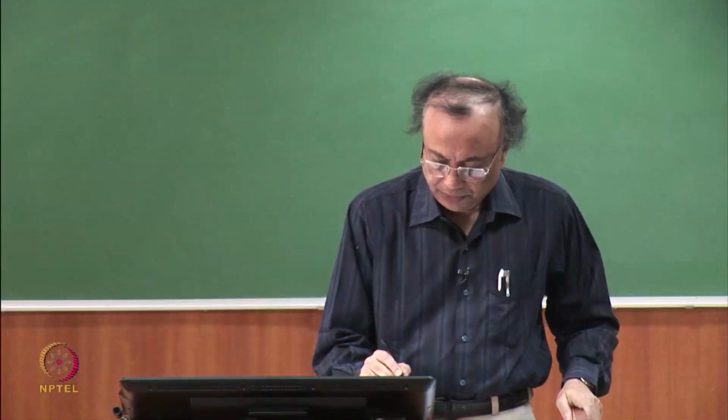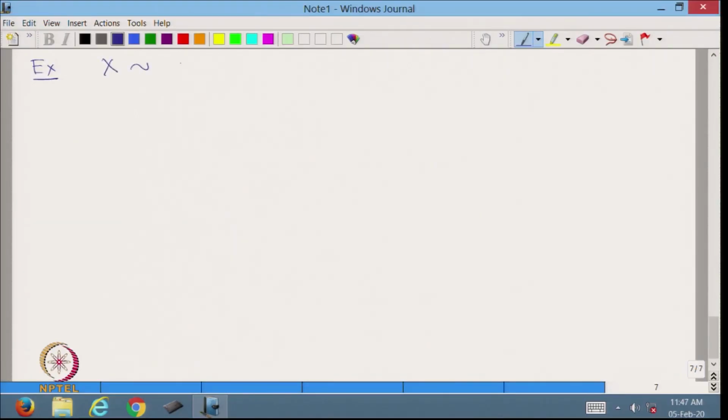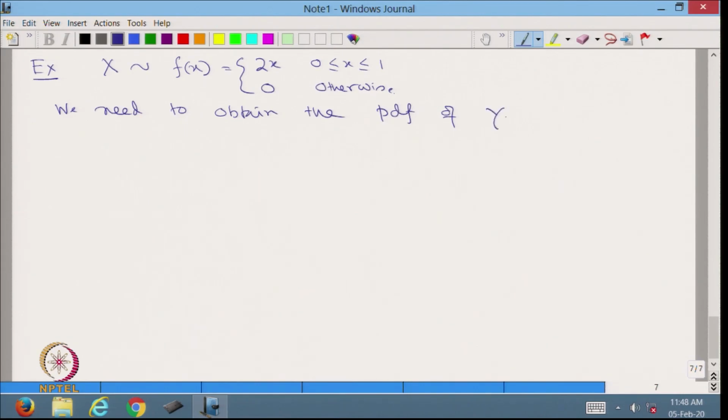Let us start with an example. X is distributed as follows: f of x is equal to 2x when 0 less than or equal to x less than or equal to 1, and it is 0 otherwise. Therefore, we need to obtain the PDF of Y is equal to 3x plus 1.